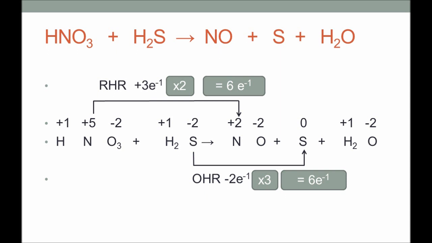So the number of electrons lost in the oxidation half reaction is equal to the number of electrons gained in the reduction half reaction. The numbers 3 and 2 become the coefficients of hydrogen sulfide and nitric acid, so that we will have a balanced equation.